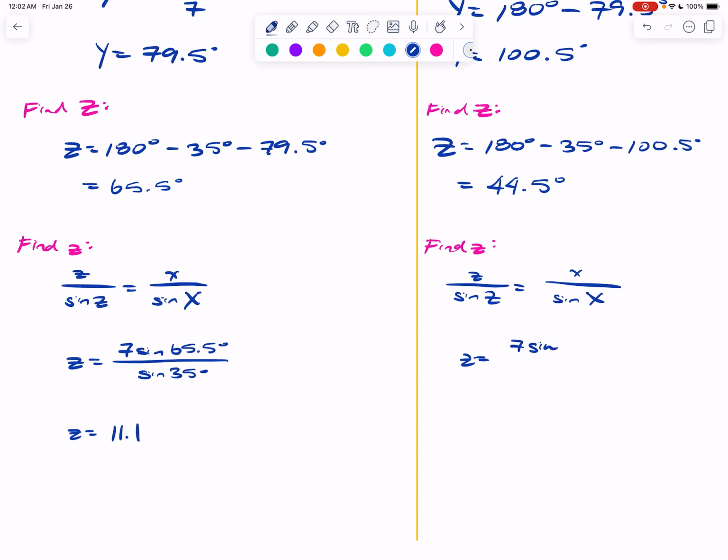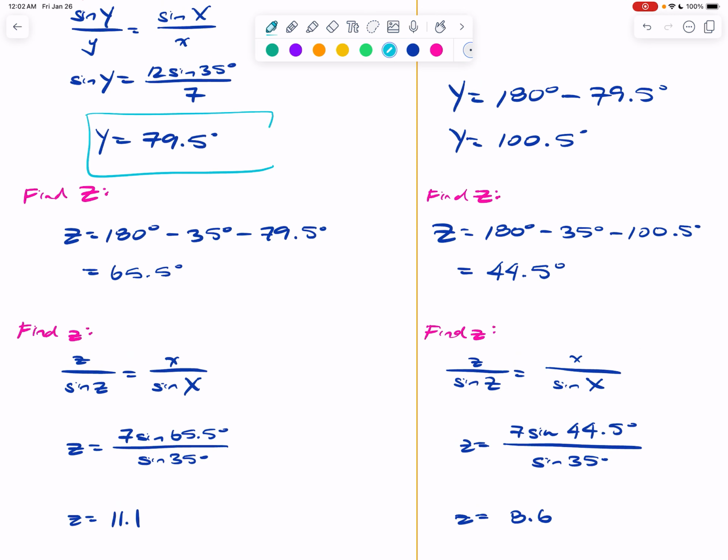And z in this case is 44.5 degrees. And sine x is still sine 35 degrees. Straight punch into calculator. This z is 8.6. If you want, you can put a good old box around all your answers. Woo, nailed it.